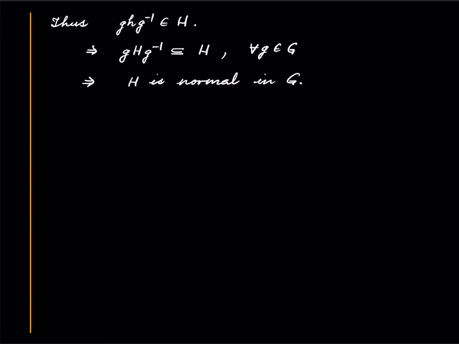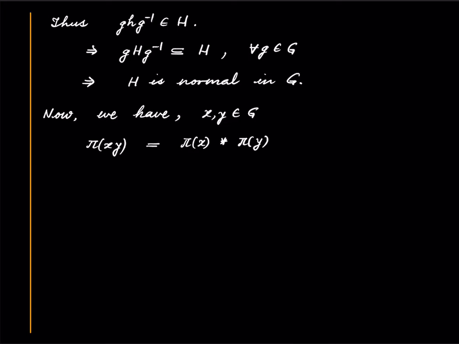We have proven normality. And now we want to show that the binary operation is also a very simple one. We have already established normality. So for x and y in G, pi of xy equals pi x star pi y, by the fact that pi is a group homomorphism.